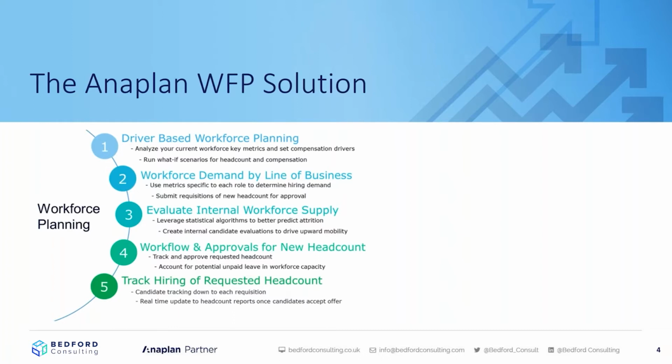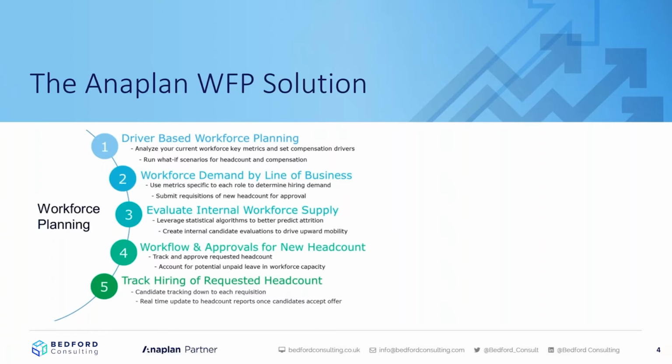Secondly, we've got workforce demand by line of business. Now, the line of business really refers to the groupings that we looked at beforehand in the honeycomb, where we were looking at our finance, we may be looking at HR, we may be looking at marketing, we may be looking at sales, and so on. Each of these lines of business will have an interaction with HR because of the employees being typically central to each of these functions.